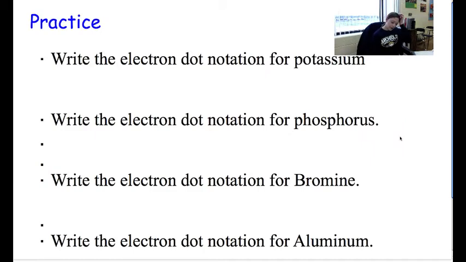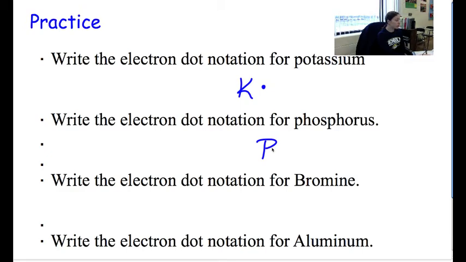All right, so we're going to practice now and write some electron dot notations. So we find potassium. Potassium is K. Now look at what group it's in. Potassium is in group 1, which means that it has 1 dot by it, or 1 valence electron. Then I move on to phosphorus. Phosphorus is P. So now I say, okay, phosphorus is in group 15.